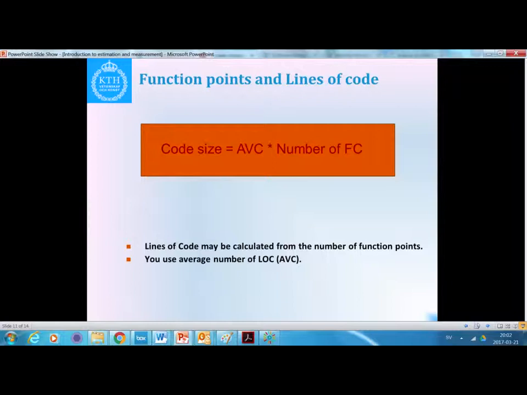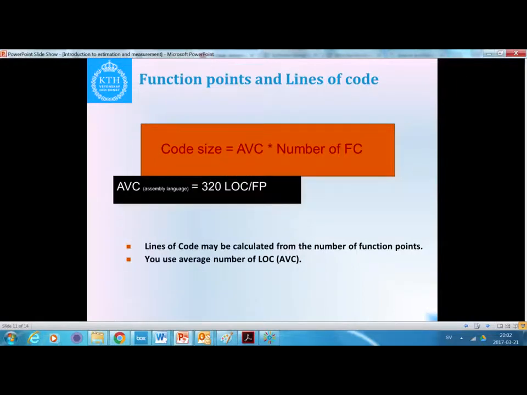But anyway, there has been some research where they have tried to translate how many lines of code give one function point. So they have come to a result that, for instance, one function point corresponds to 350 lines of code in one language, or in SQL, one function point corresponds to 20 lines of code, and so on and so on.